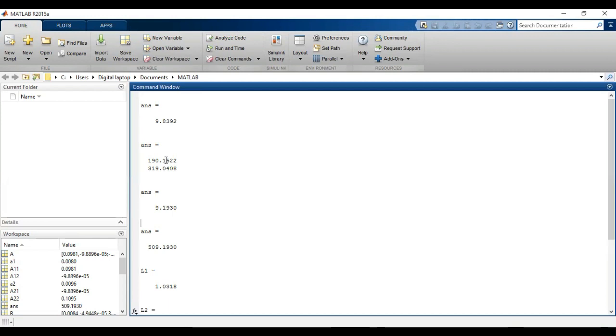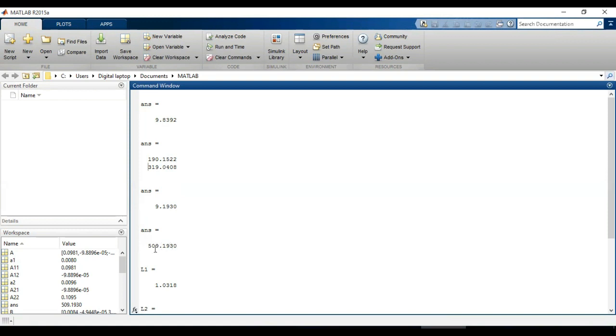If I add these two powers, I will get 509.1930. So out of this power, 9.1930 is the lost power, and the remaining 500 megawatt will be delivered to the load. So power balance equation is satisfied.